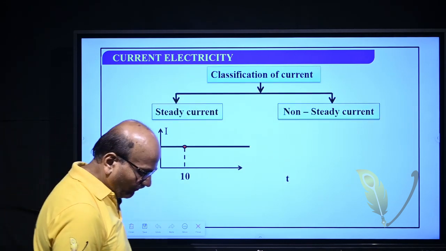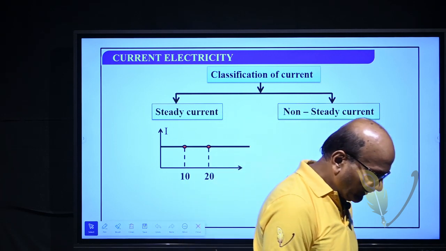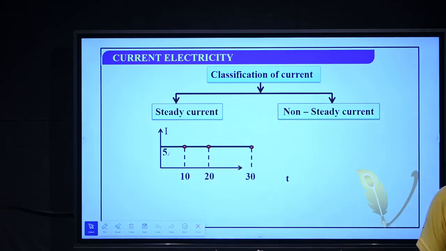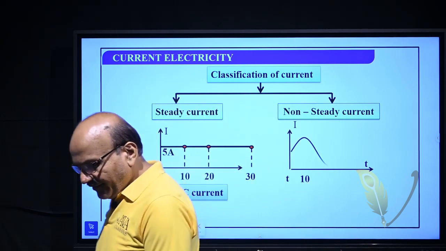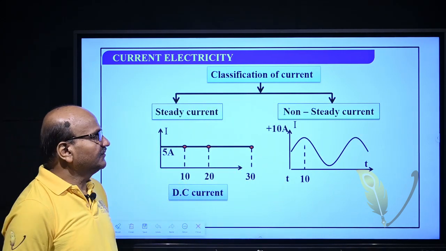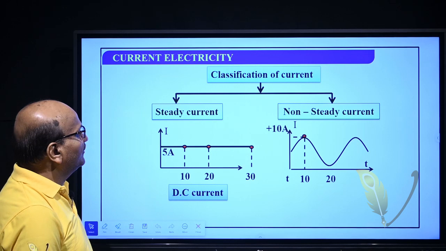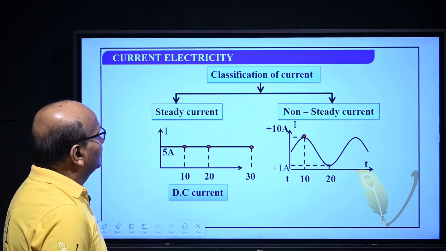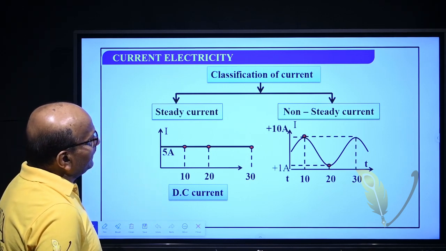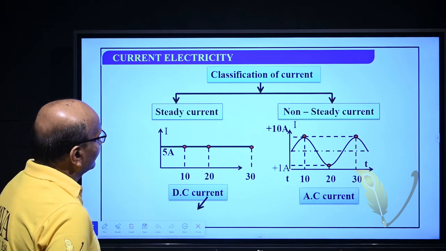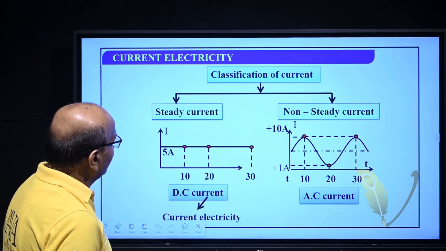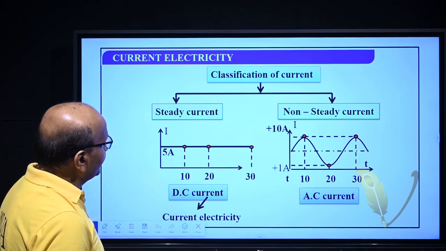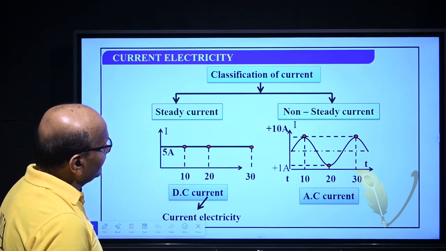Now we will see the classification of current. Current can be classified into two types: steady current and non-steady current, or we can say DC current and AC current.